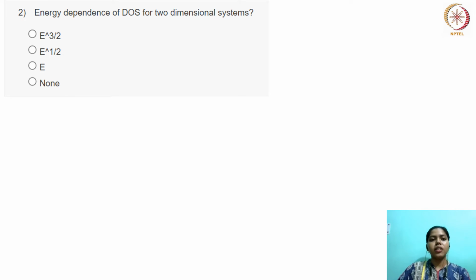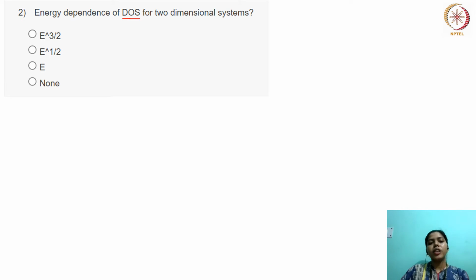Now the second question is, the energy dependence of DOS for two-dimensional system. So here DOS is actually density of states. So it is asking you that the energy dependence of density of states for a two-dimensional system is, means the density of states for a two-dimensional system is proportional to E raised to the power 3 by 2, E raised to the power 1 by 2, E raised to the power 1, or none of the above.